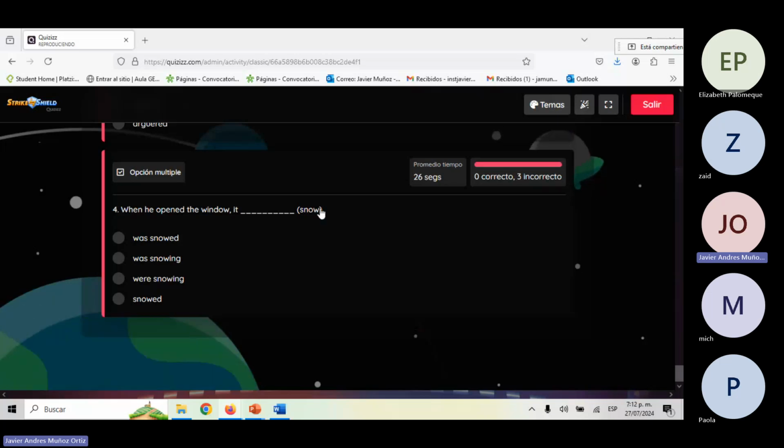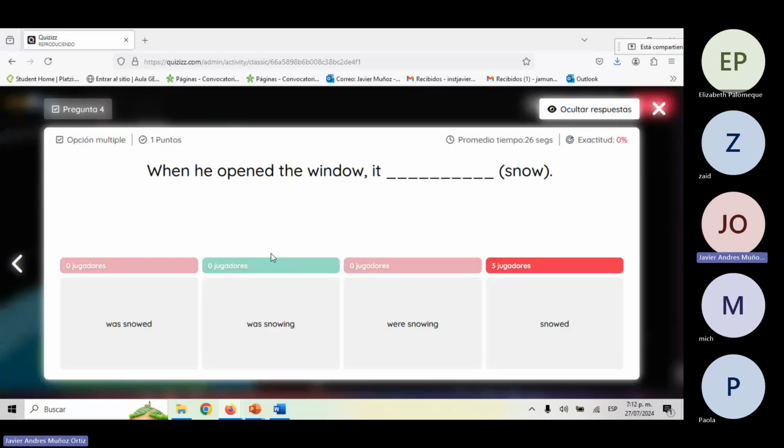Nevando, lloviendo, escribiendo, viviendo, etc. Ergo, snow es nieve, pero como verbo significa nevar. ¿Cuál es la conjugación? Snowing. ¿Cuál tiene snowing aquí? Was y were. Las dos opciones son posibles hasta aquí. Pero it se conjuga con verbo to be como was. Ergo, it was snowing. Esa es la opción correcta. Ahí está.